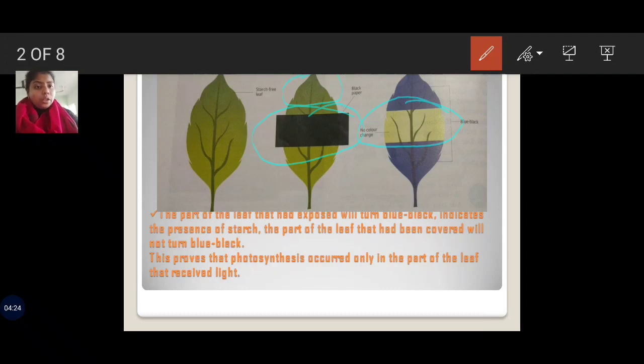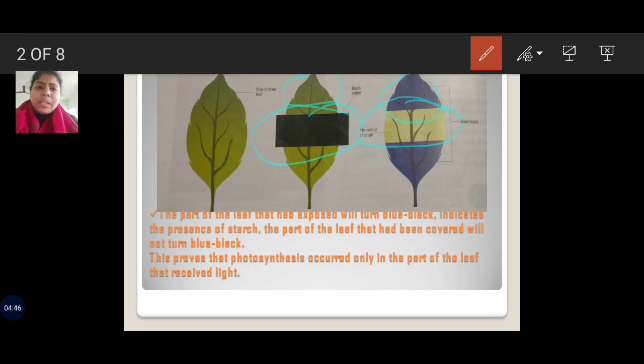You will observe that the part which was uncovered during the exposure of the sunlight will turn blue-black, whereas the part that you have covered with the black chart paper won't turn blue-black.